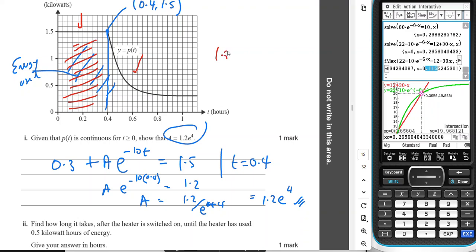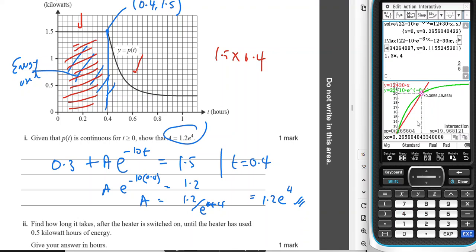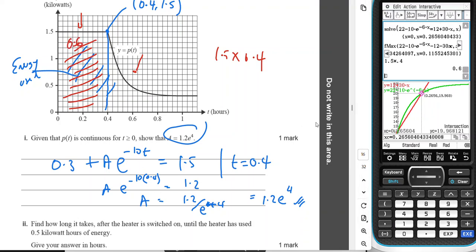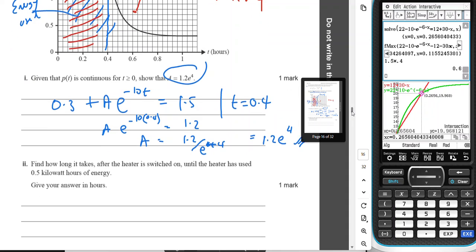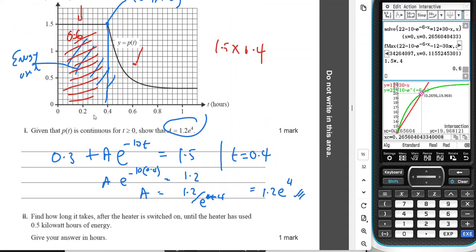So 1.5 by 0.4 equals 0.6. So there's 0.6 used here, therefore 0.5 is going to be somewhere in here.